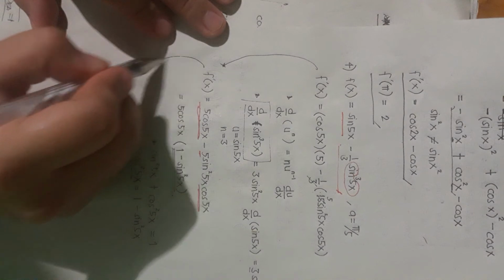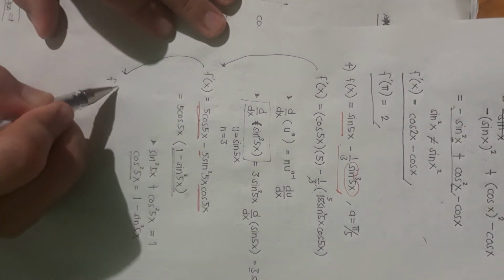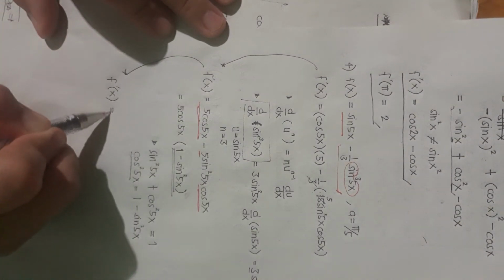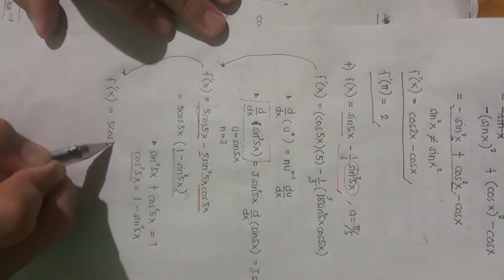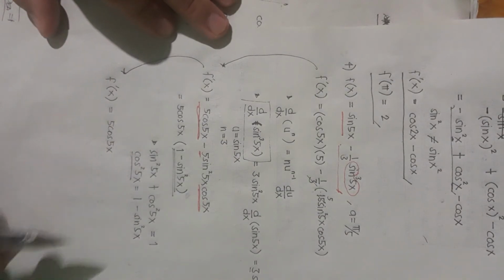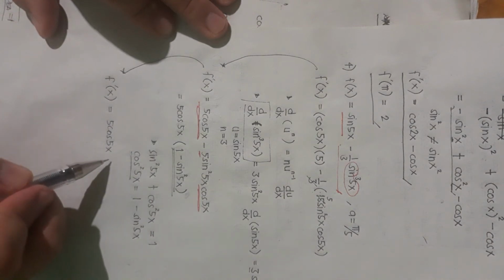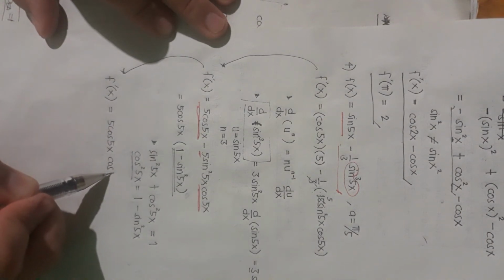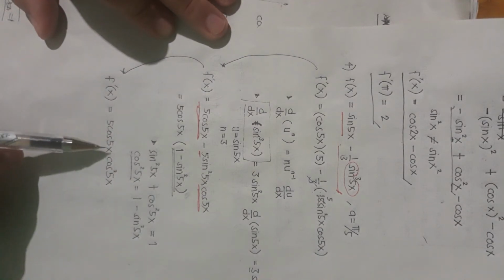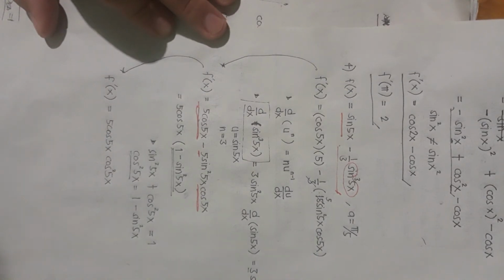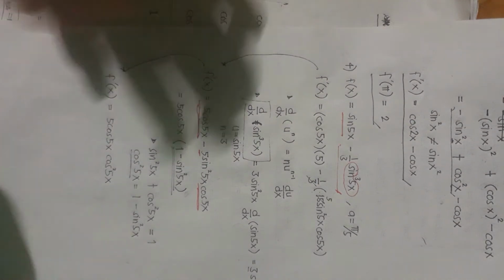To continue this equation, you have the derivative of x is equal to 5 cosine of 5x times 1 minus sine 5x squared, which is equal to cosine 5x squared. You have two factors of the same base.